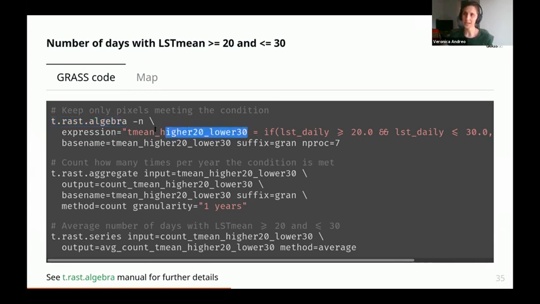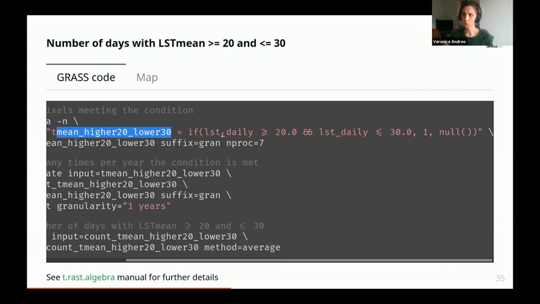So this will be the output time series, and we write an if clause. So if the input time series, like every pixel of every map of this input time series, is higher than 20 or lower than 30, just put 1 in that pixel, otherwise write null, okay?